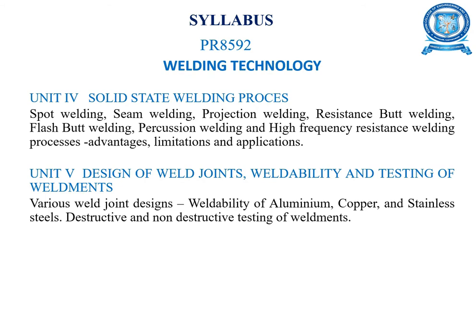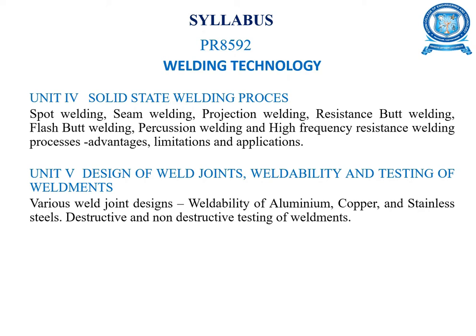Coming to Unit 4, you'll be studying about the solid state welding process. So the various solid state welding process like spot welding, seam welding, projection welding, resistance butt welding, flash butt welding, percussion welding, and high frequency resistance welding processes.